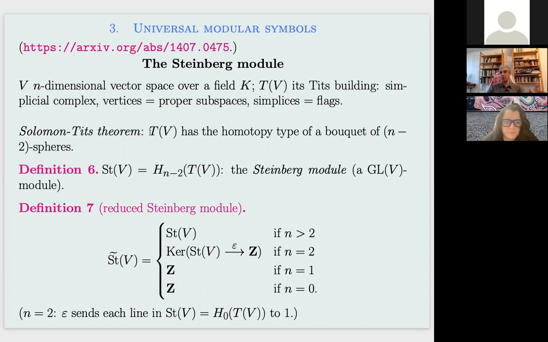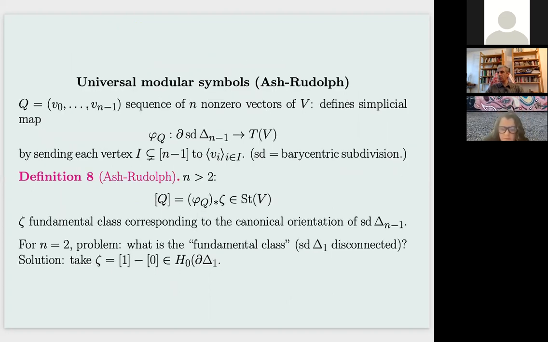It's a discrete space, defined by P1 of K, the set of points of the projective space. And then this epsilon sends each line of Steinberg of V to 1. Okay, so that's the reduced Steinberg module.